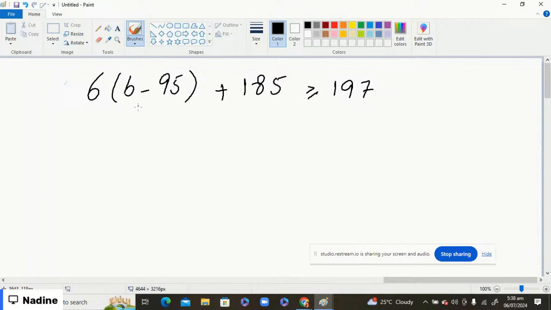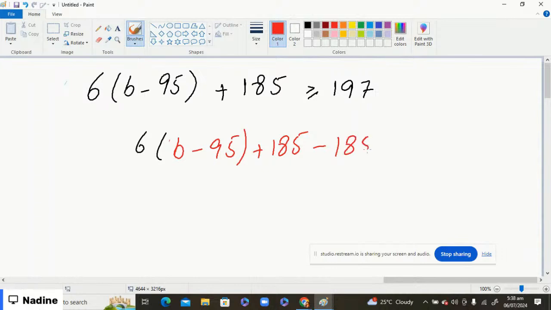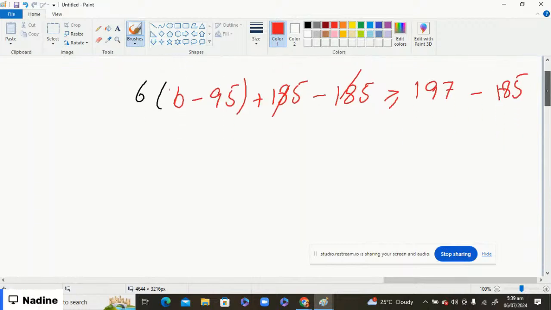We write 6 into b minus 95 plus 185 minus 185 greater than or equal to 197 minus 185. Subtract the same thing on both sides. This cancels out, and what is left? 6 into b minus 95.